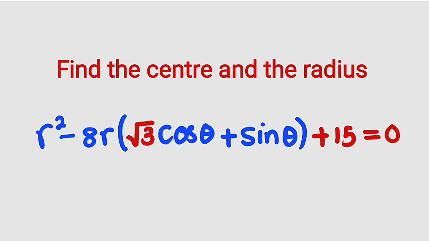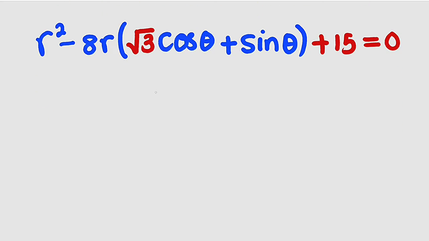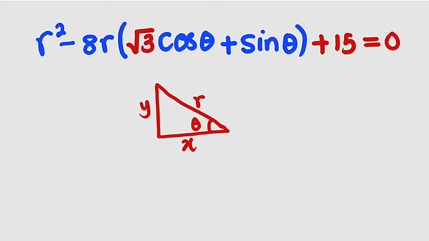Okay, one thing, I would like to draw a right angle triangle on a coordinate plane. Suppose we have a right angle triangle like this, and we have our angle here, theta. This is y and this is x, while this is r. So cosine of theta is equal to adjacent divided by the hypotenuse, which is x divided by r.